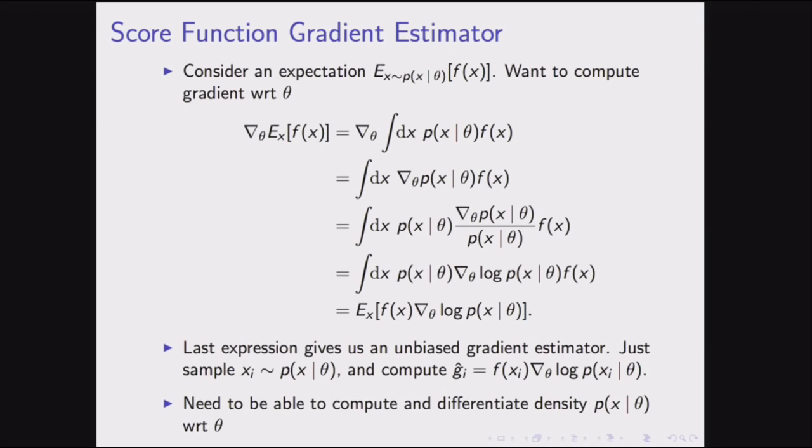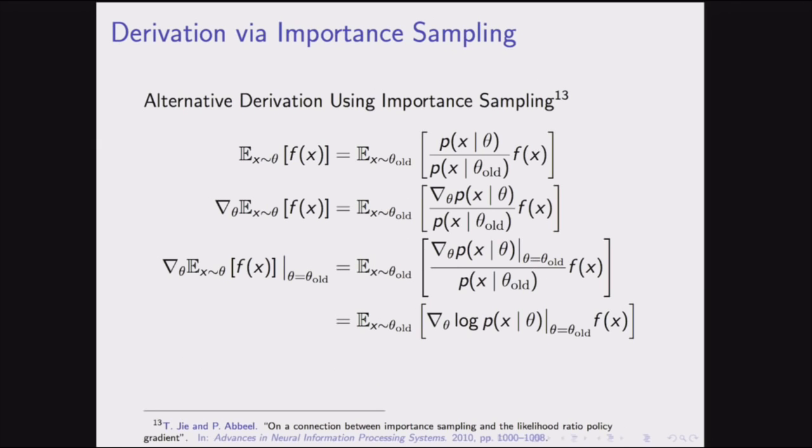The only requirement for being able to use this estimator is we need to be able to analytically compute the probability density, and we need to be able to differentiate it with respect to theta. There's another way of deriving it using importance sampling. You write down the importance sampling estimator for the expectation, and then you swap the derivative with the expectation, and you get the same thing.